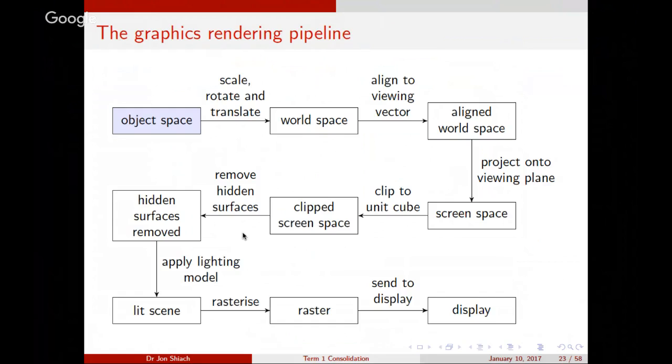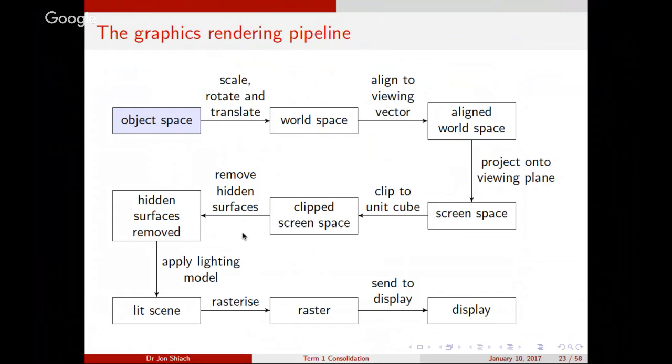Once you've got your world space, what we want to do is align it to the viewing vector. Imagine you have a camera in your world space and you're pointing it in a certain direction. We rotate our whole space so that the direction you're pointing the camera in corresponds to the z-axis. So you're always looking straight down the z-axis.